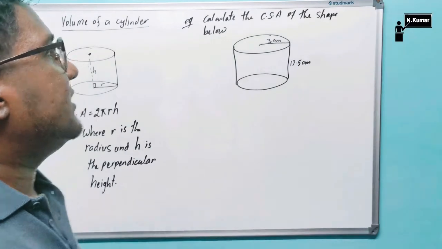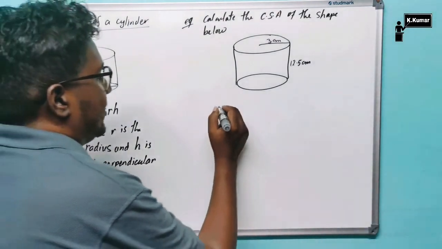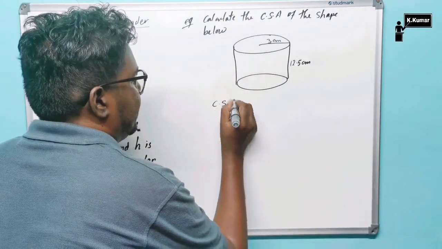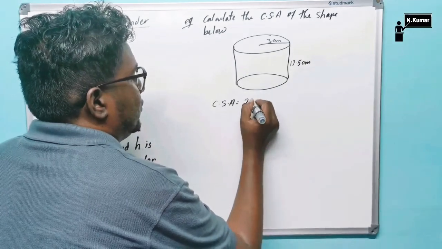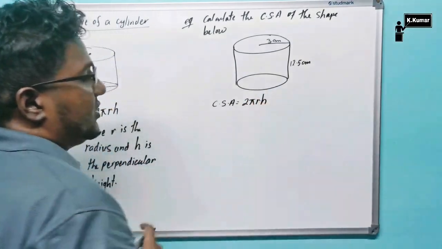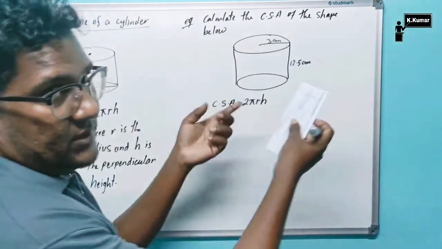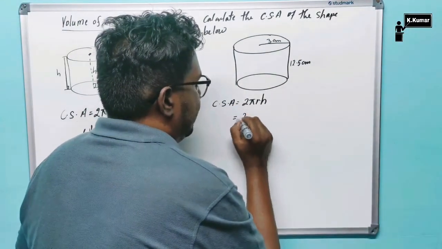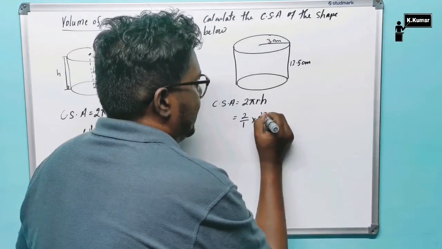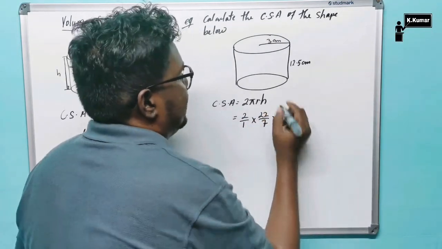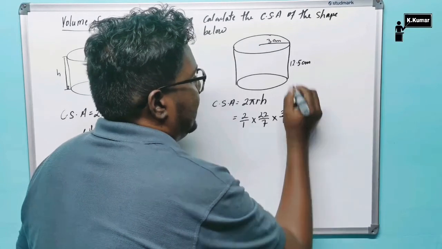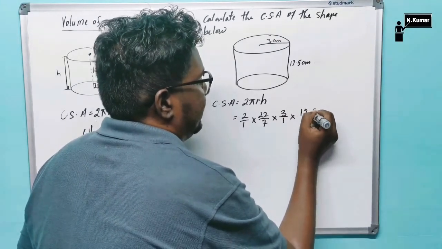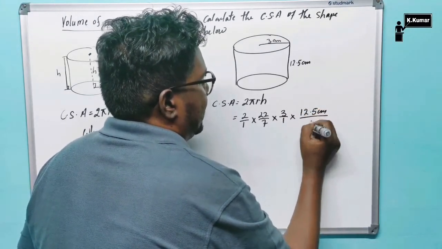Calculate the curved surface area of the shape below. The formula for curved surface area is 2 pi r h. Now the curved surface area is the area that's going around the shape. So let's put in our values. This is going to be 2 over 1 times pi, which is 22 over 7, times the radius, which is 3 over 1, times our height, which is 12.5 cm over 1.